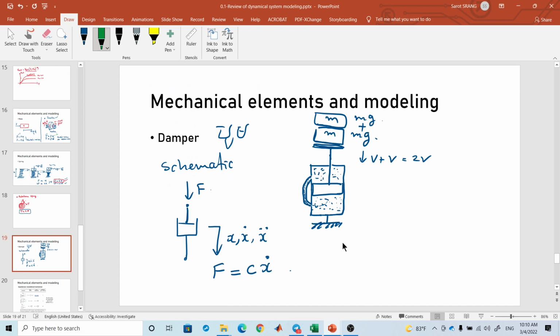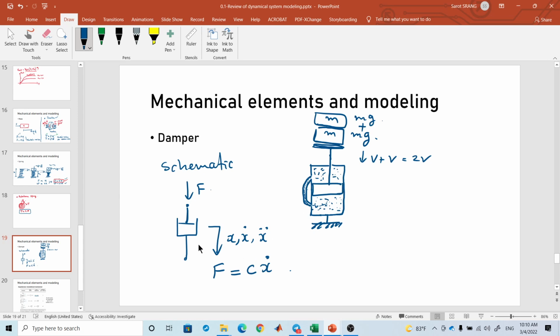How about the damper? For a damper, the force is proportional to the velocity. You have a damper with liquid inside. When you have a force pushing down, the liquid flows from here to here. The smaller the tube, the larger the viscous coefficient.